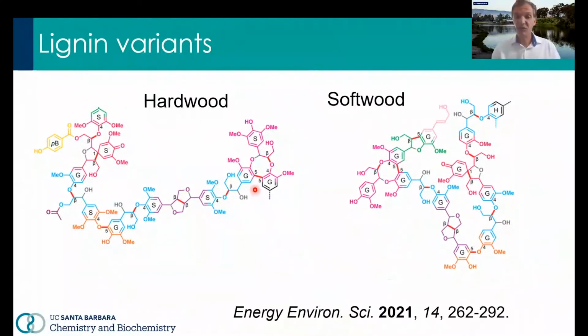But in general, besides being made out of aromatic components, as you can see in this diagram, we have these ether linkages shown in blue, whether you're talking about hardwood that has G and S components, or softwood that's made only of G components.